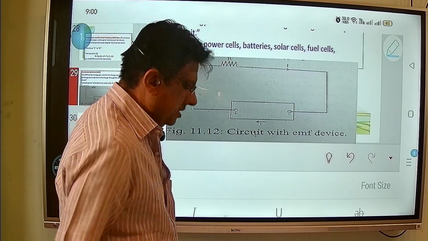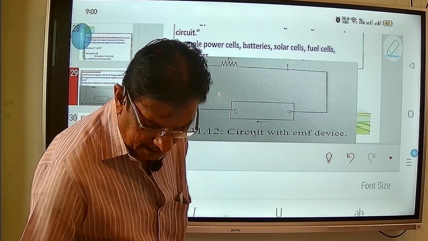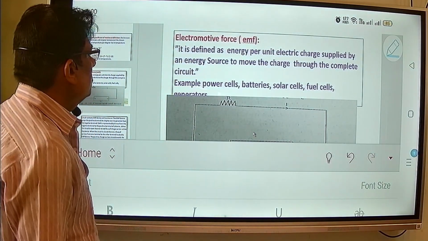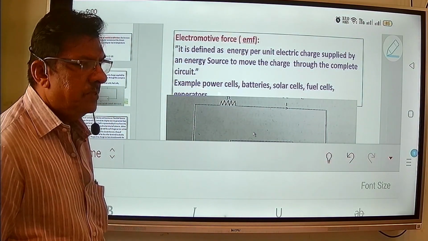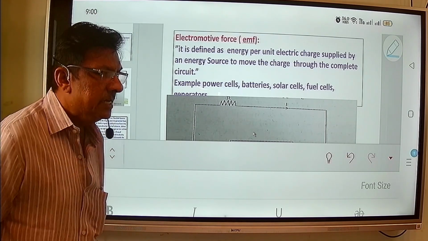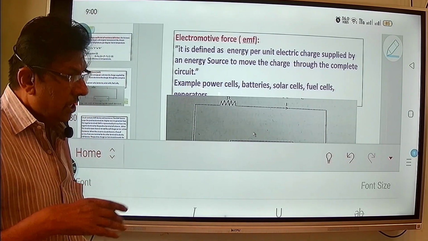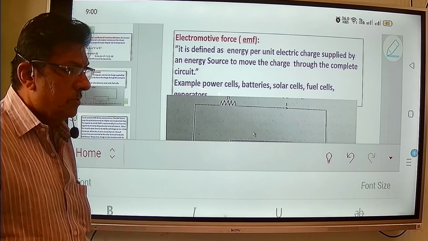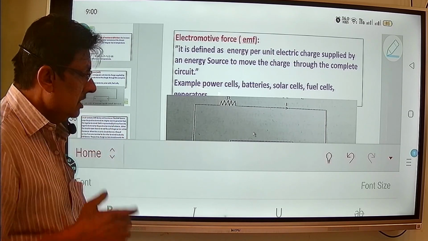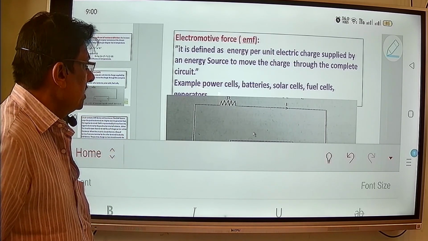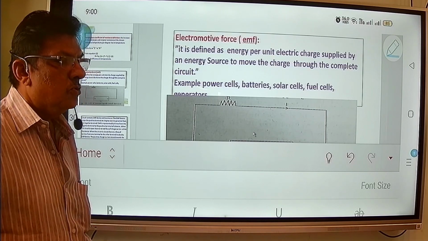Now when we say this, what is the definition of electromotive force? It is very simple. It is defined as the energy per unit electric charge, supplied by this energy source, called the EMF or battery, to move the charge through one complete cycle.